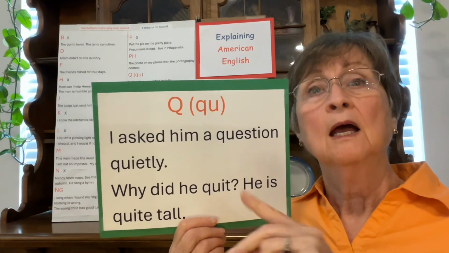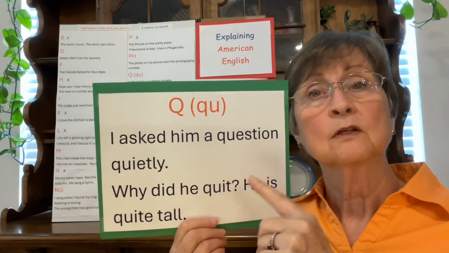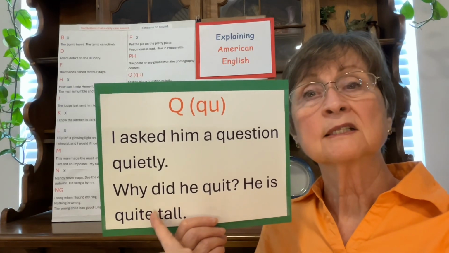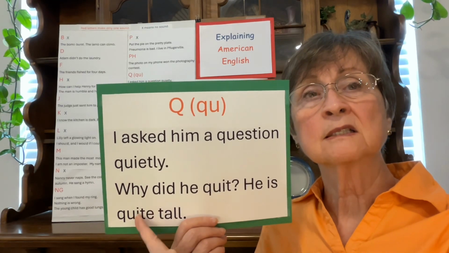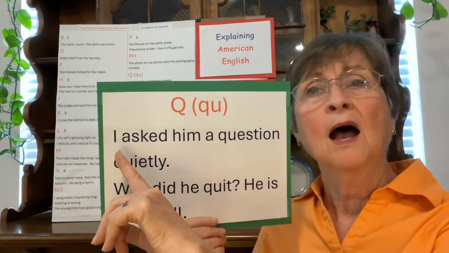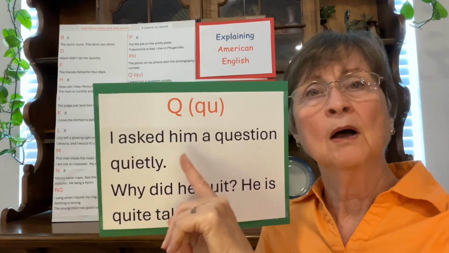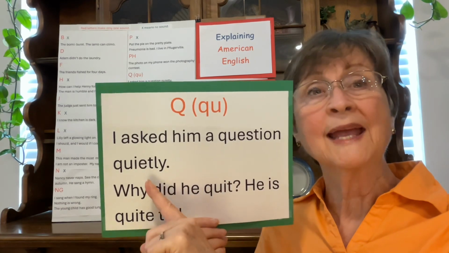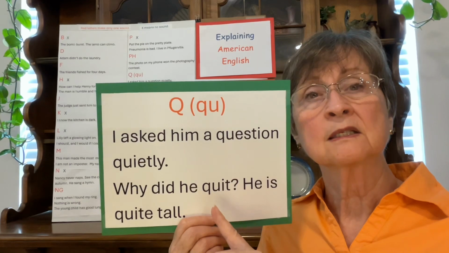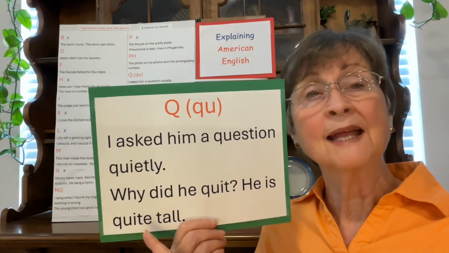Quiet. Quit, short I. Quite, because it has a silent E, this I has to say its name, I, long I. Say it with me. I asked him a question quietly. Why did he quit? He is quite tall.